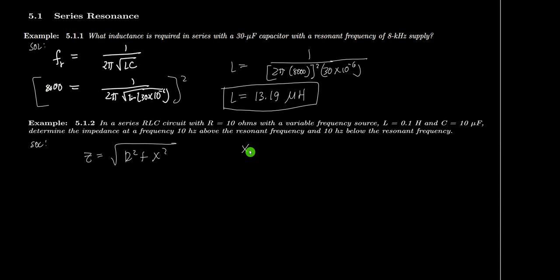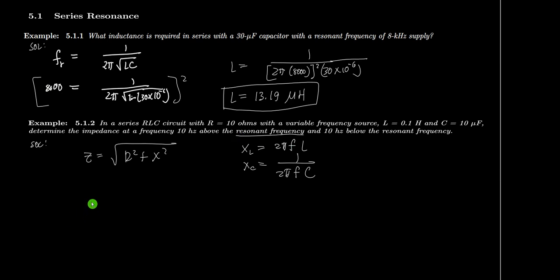The formula for XL is 2 pi f times the inductance, and for XC it is 1 over 2 pi f times C. Before we can solve for the impedance, we need to know our resonant frequency.